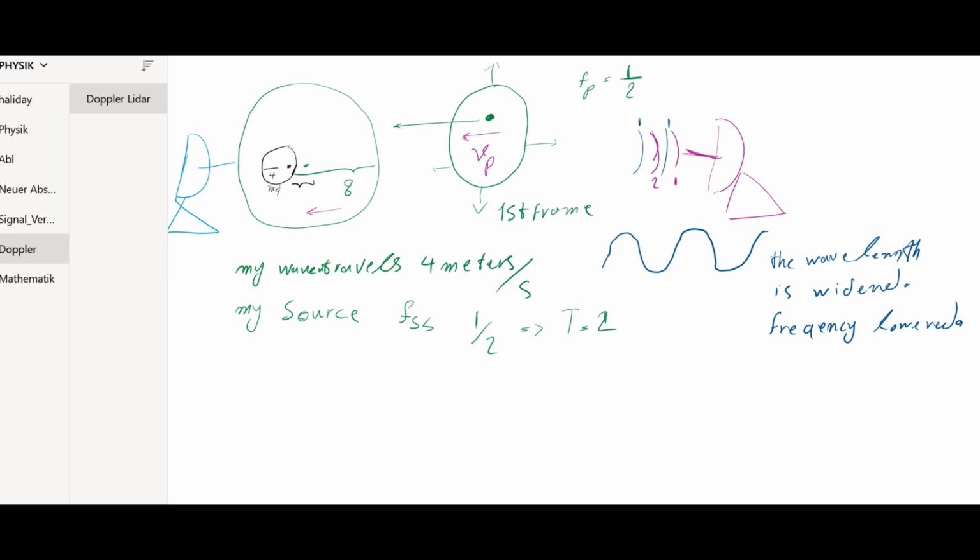How much faster it would be is calculated by the receiving time, which is definitely shortened. So the wavelength is jammed and is much shorter because my particle is also coming toward me, and the frequency has been increased.